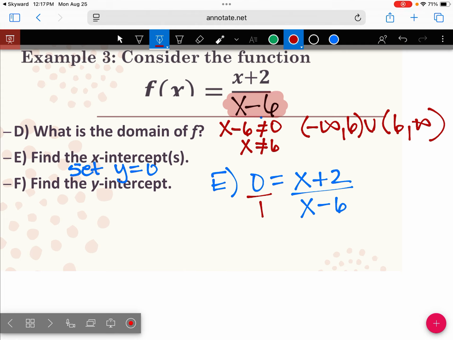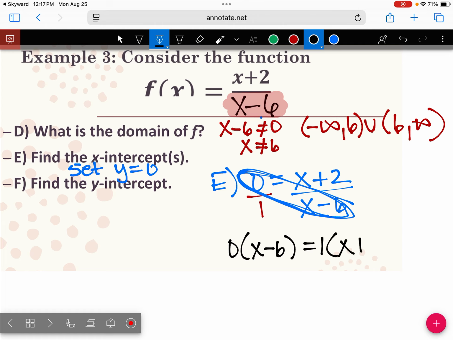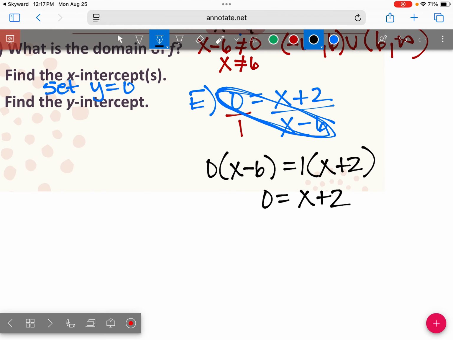And when you cross multiply, 0 times anything is going to give you 0. So this is going to be 0 times x minus 6 equals 1 times x plus 2. Well, that just simplifies to 0 equals x plus 2. So what do you get for x? Negative 2.